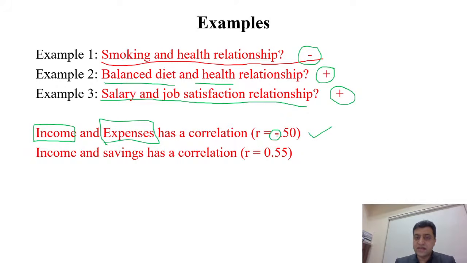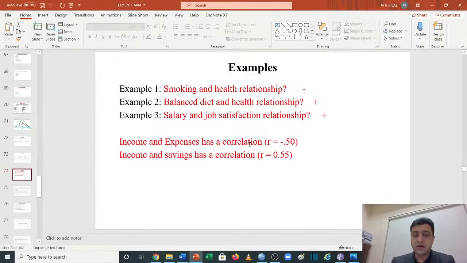If the value is negative, we are going to say there's a negative relationship. And maybe income and savings have a positive relationship, which means that if income is increasing, the savings are also increasing. So this is how you will understand and interpret the correlation. I hope you've understood the concept, because otherwise you won't be able to interpret it.